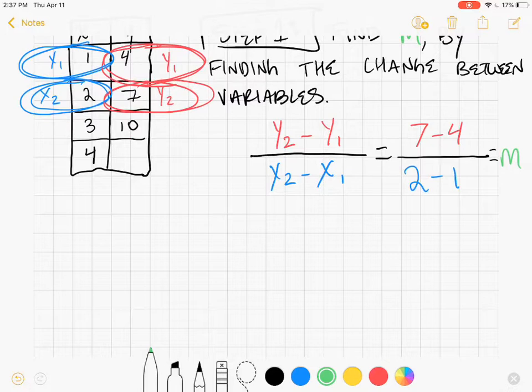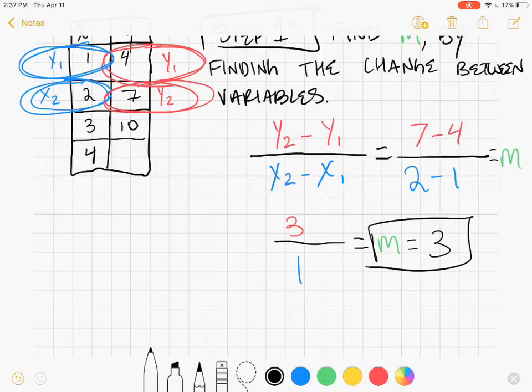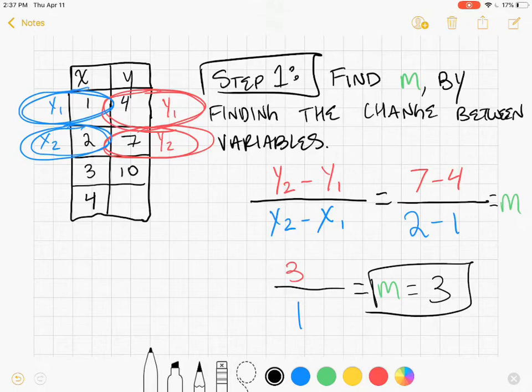So 7 minus 4 gives us 3. And 2 minus 1 is 1. So 3 over 1. That's going to equal our slope. Okay? So 3 over 1 is our slope. That means m equals 3. Our slope is 3. So we found m. Check. We're done with that part.